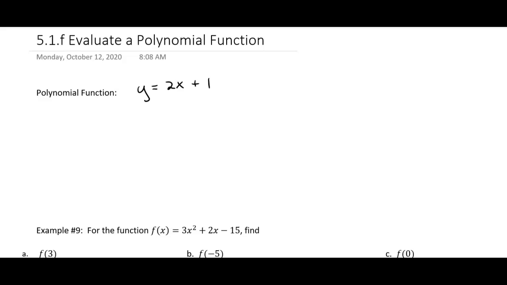Well, what we do with the function notation is we replace the y with, a lot of times, f of x. There could be g of x or h of x. Those are common letters for functions. But some function name, and so we're writing it in terms of x.